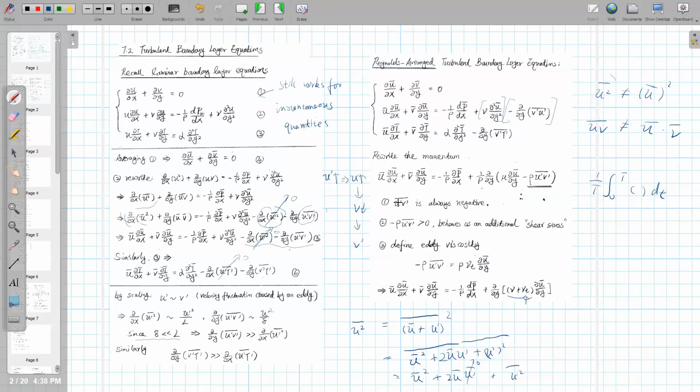Another way to see that U prime V prime is always negative: if you take a turbulence class later on, you will know, as I also talked about in the last class, that there is a direction of the energy cascade in turbulence. The kinetic energy is transferred from the large eddies to small eddies, then to smaller eddies, and at the end to the minimum length scale, the Kolmogorov scale.